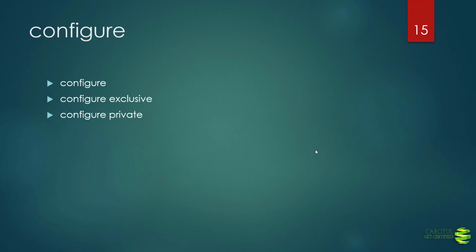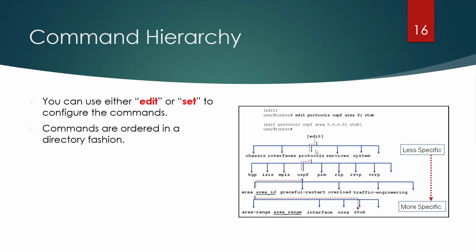And as long as you do not have any conflicting information between these two candidate configurations, they can be committed separately. And of course, the one which is committed last will become the active configuration. So you can always use any of these three options. I would always suggest you in the production environment use configure private, so you do not impact any other configurations.